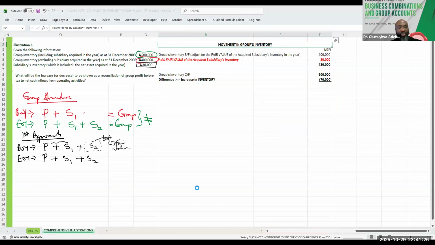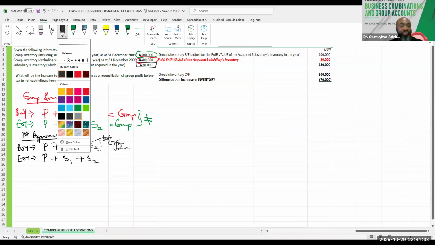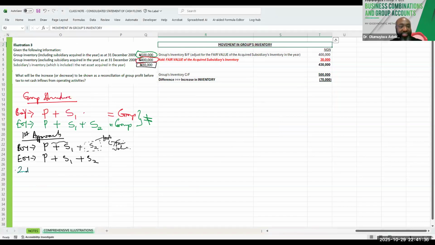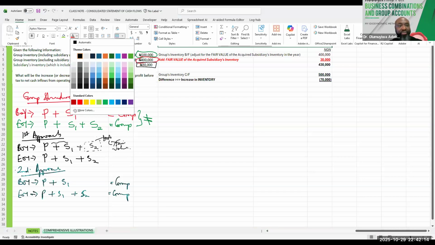The second approach is the same thing, but since I'm aware that at the beginning of the year I have P and S1 alone, which give me the group, and at the end of the year I have P, S1, and S2 to make up the group, to make it comparable I will remove S2.